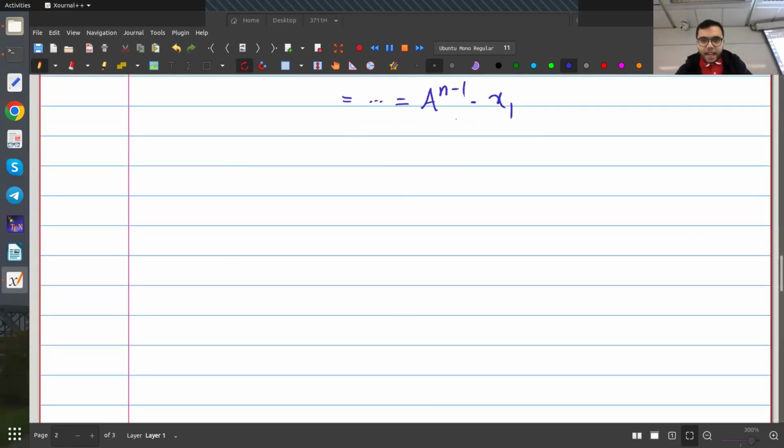So I can have a recursive problem that finds, let's call it, the powers of matrices. It takes some A and some K, and let's say it returns A to the power of K. How can I do this? Very simple.